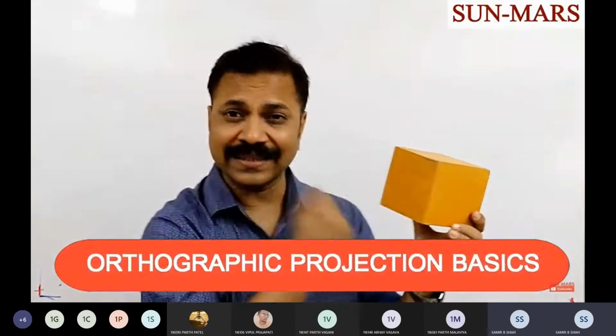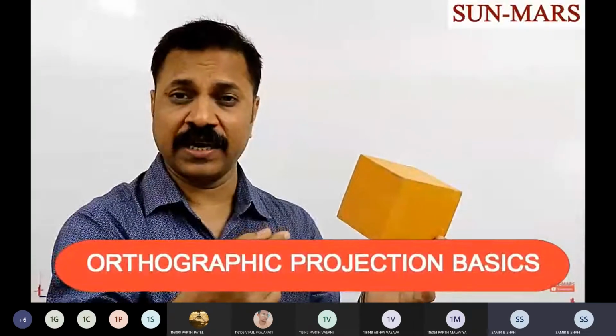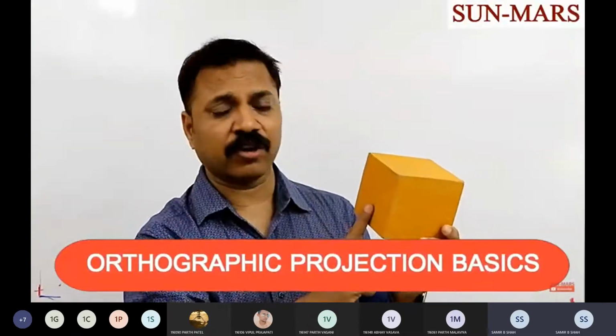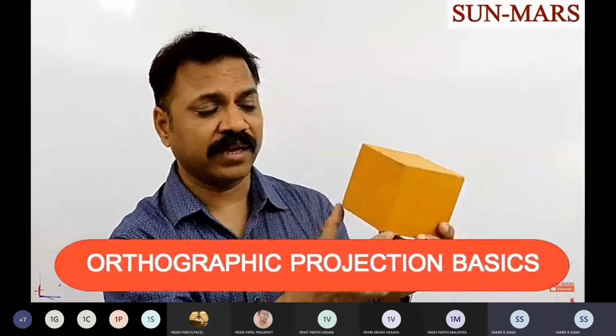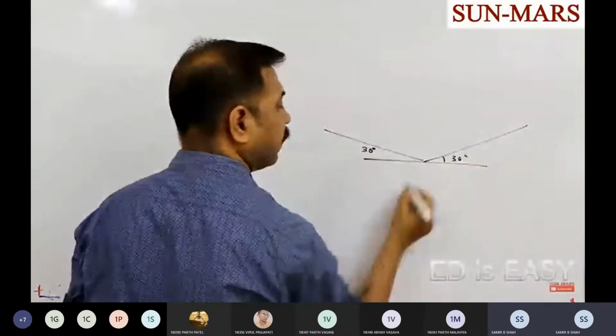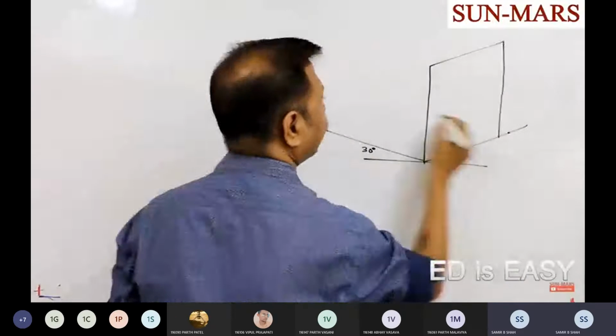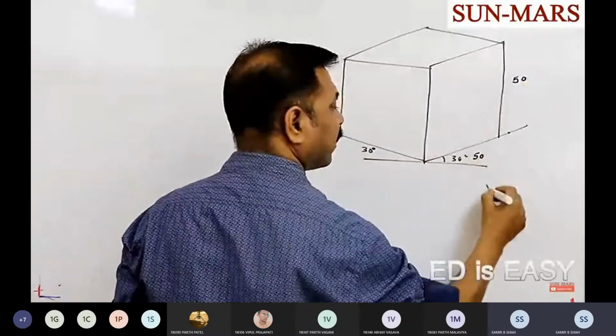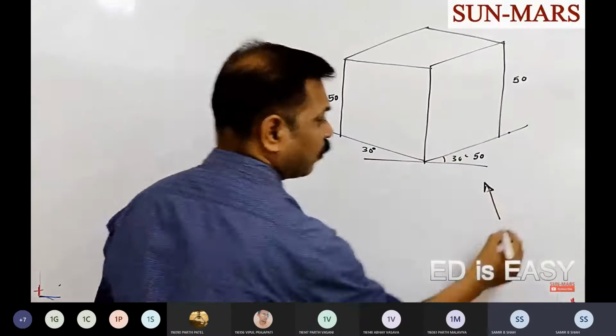That 3D figure we are converting to a 2D figure. It is called orthographic, as I discussed earlier. So now, initially, I will draw the 3D figure. It is called isometric. After that, as per the dimensions, I will convert it into elevation, plan, and side view, and we will see how to draw the orthographic.